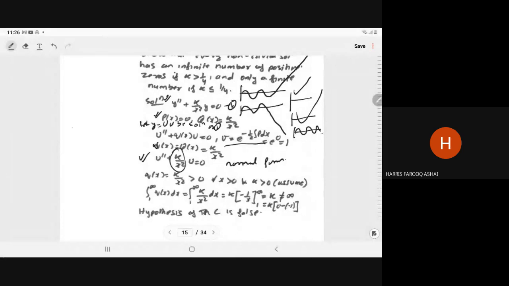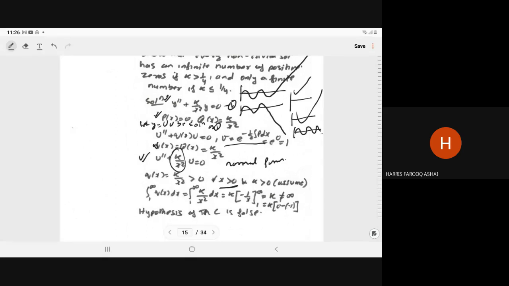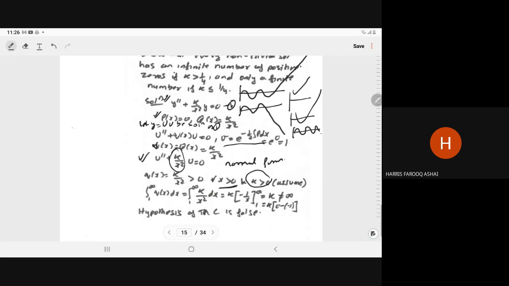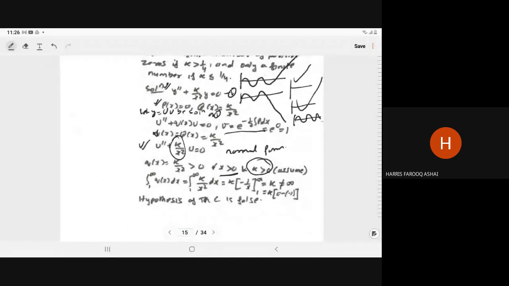Since we are talking only about the positive x-axis, x greater than 0, k upon x square will be greater than 0 when k is positive. So let us assume k is positive, then q is equal to k upon x square, which is positive, and the integral from 1 to infinity of q dx will be the integral from 1 to infinity of k upon x square dx.